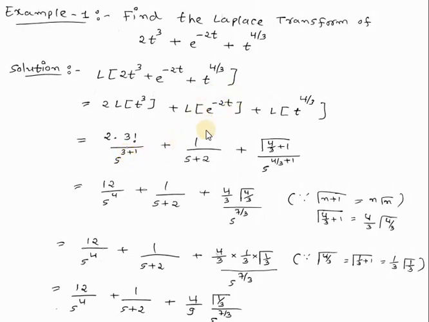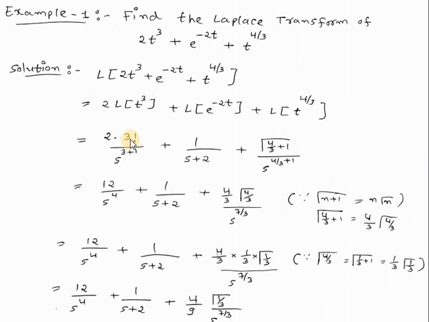In the same way, Laplace of e raised to minus at will be 1 divided by s plus a. So here Laplace of e raised to minus 2t will be 1 divided by s plus 2. And here Laplace of t raised to 4 by 3, here 4 by 3 is not an integer, therefore it will be gamma n plus 1 divided by s raised to n plus 1.